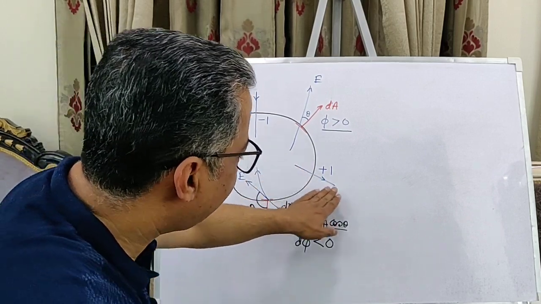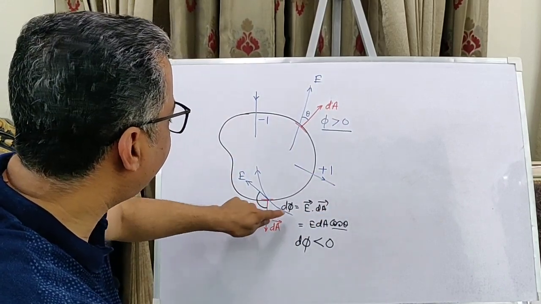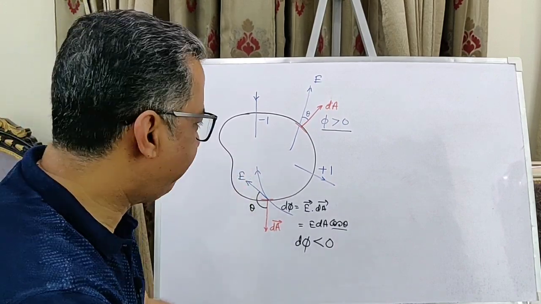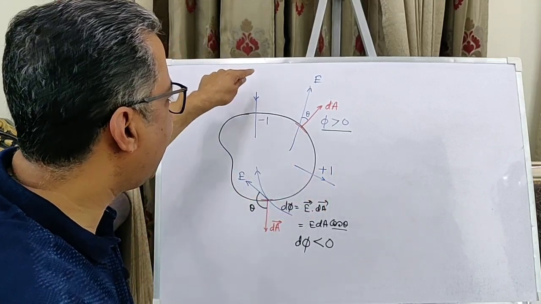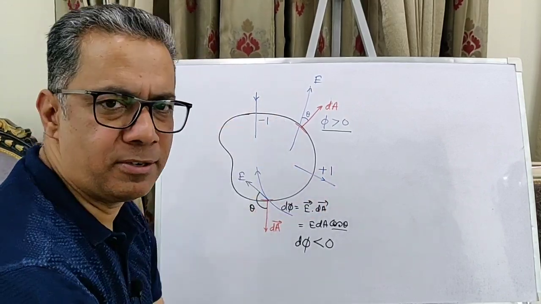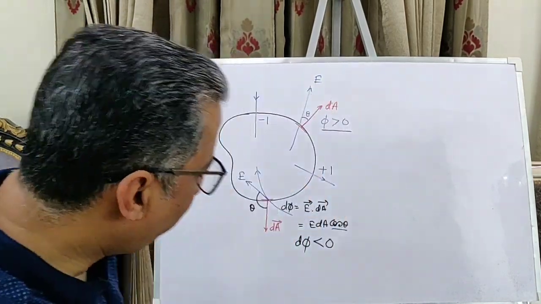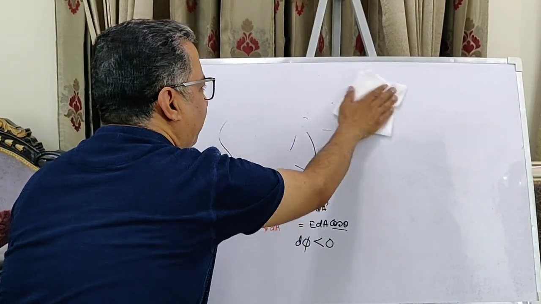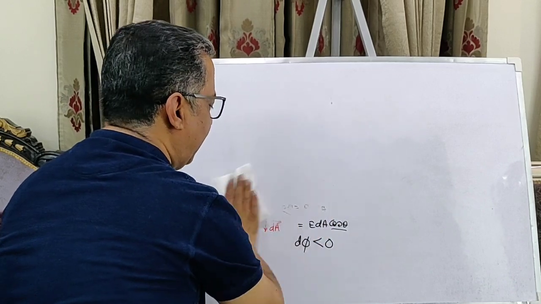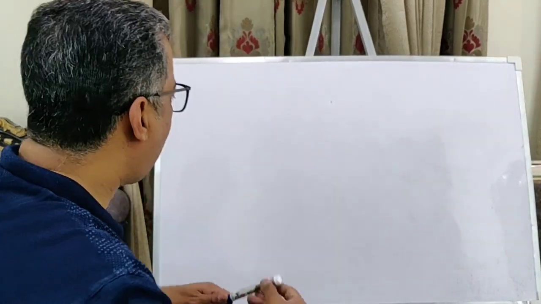One line coming out, the contribution to flux is +1. A line coming into the surface, contribution to flux is -1. So keep this in mind, and now we'll look at our next case, where we'll be examining the flux through a closed surface of arbitrary shape, but this time we'll be keeping the charge outside the surface.